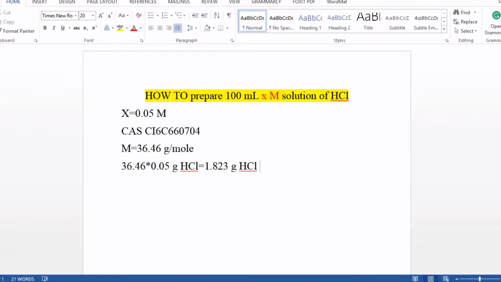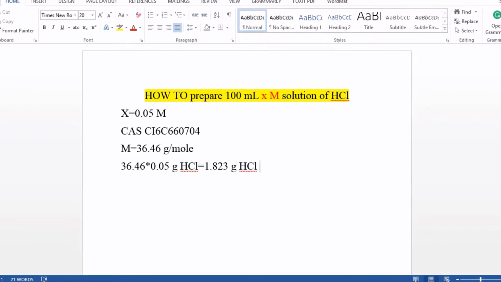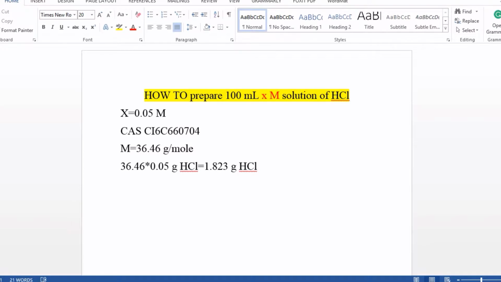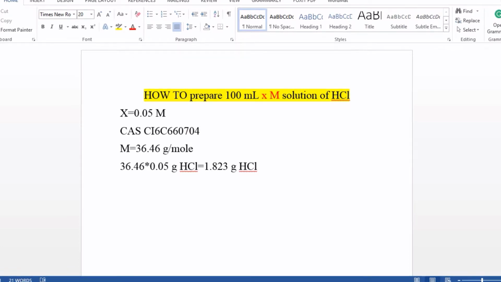But the problem is that HCl acid is in liquid form. It has volume, and how will we measure the gram of HCl? For solving this problem, we have to convert the mass into volume.